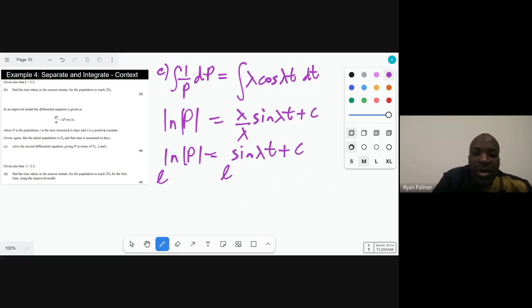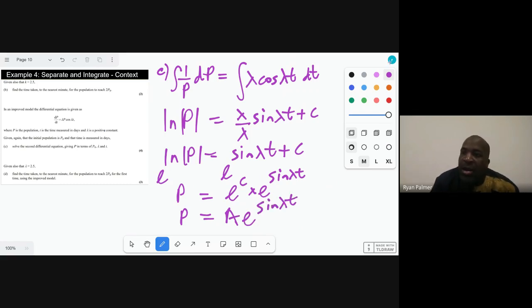So we're going to have P is equal to e to the C times e to the sine lambda T. So we're now going to rewrite this as P is equal to A e to the sine lambda T.